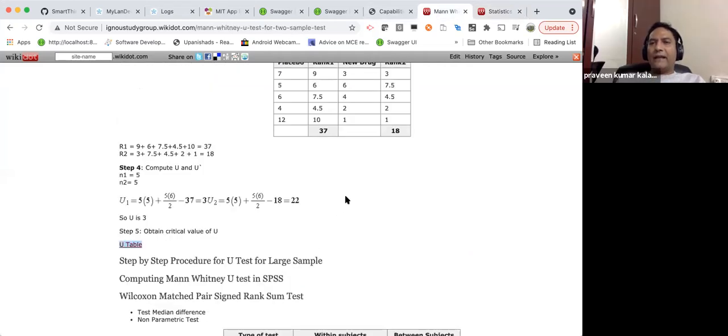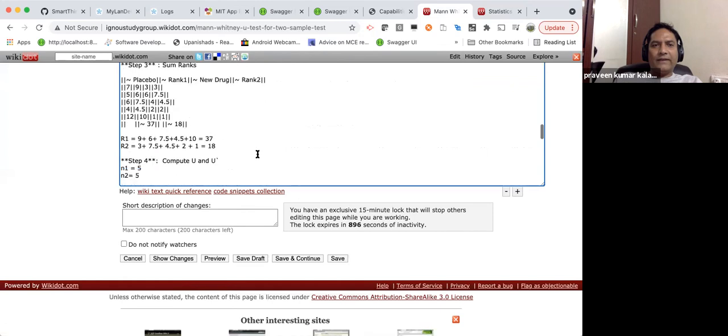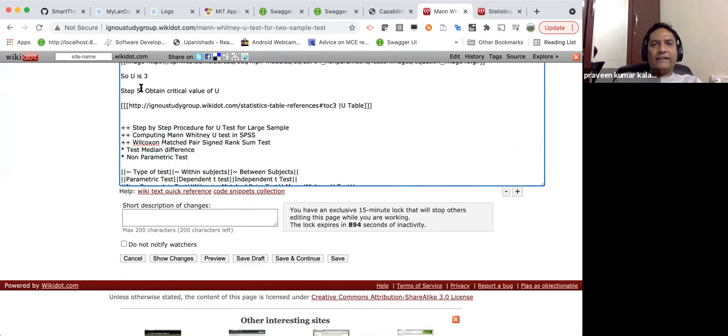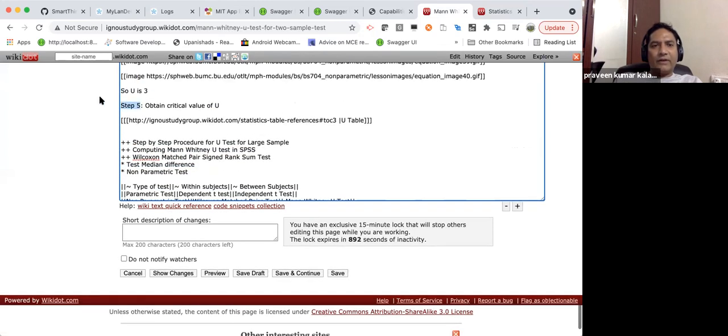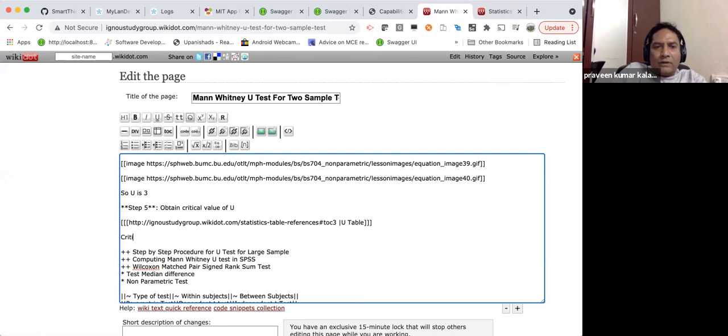So according to the table the critical value is 2.